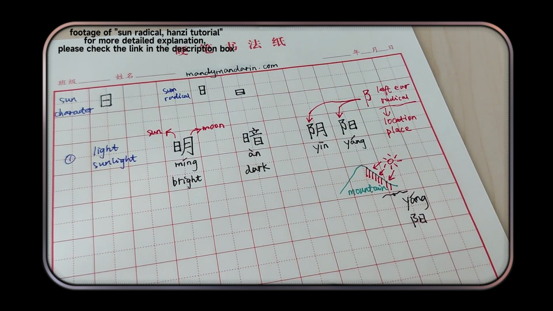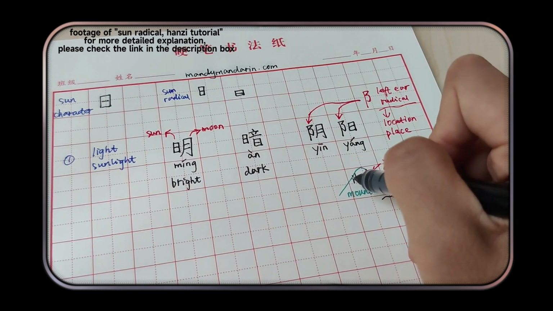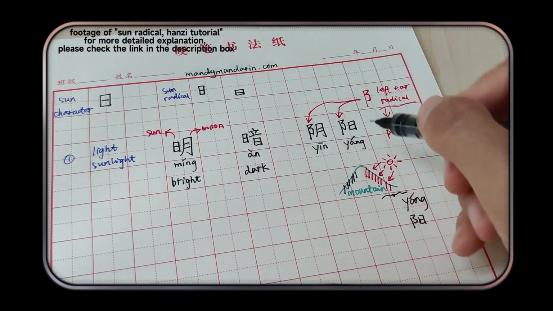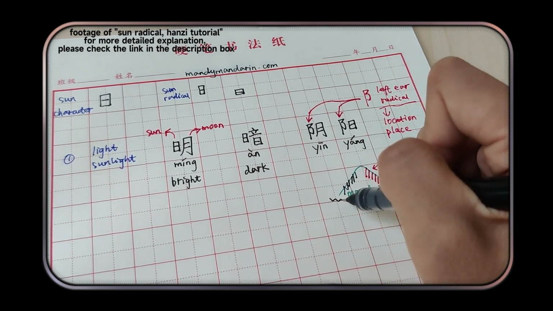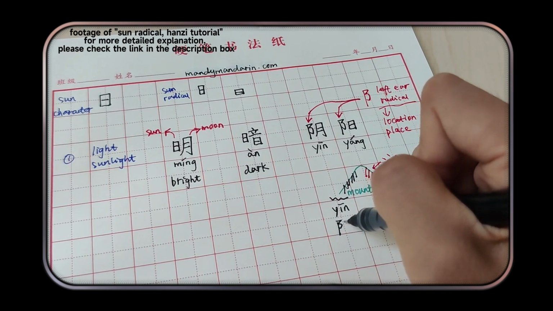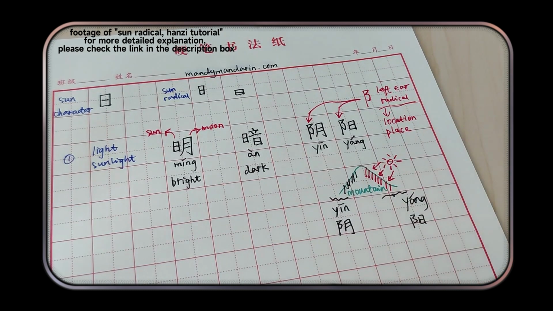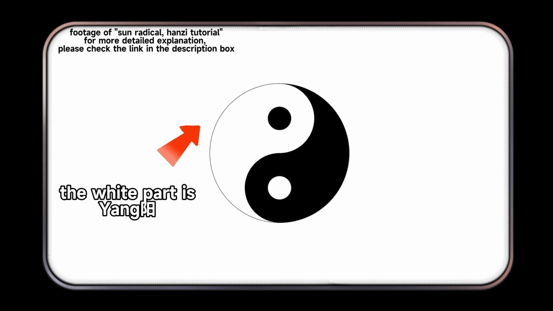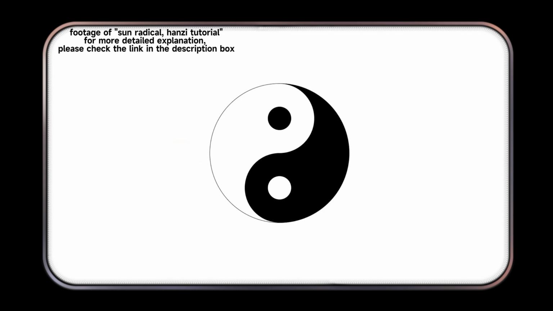But what about this side? Like this side, there's not much sunlight. So this part is yin. And yin means overcast or cloudy. When it comes to this symbol, this part is the yang and this part is the yin.